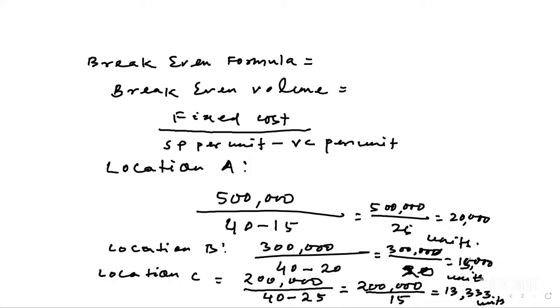Location A is 20,000, location B is 15,000, and location C is 13,333.